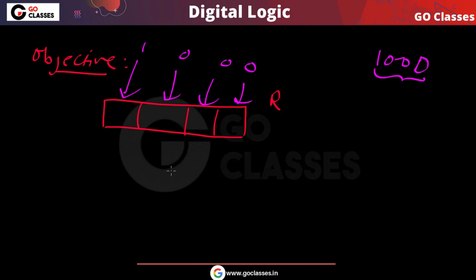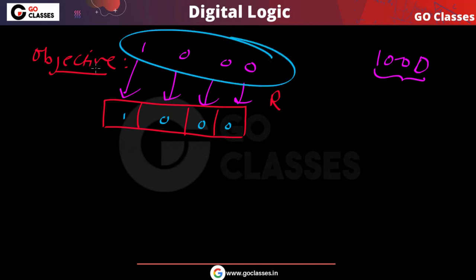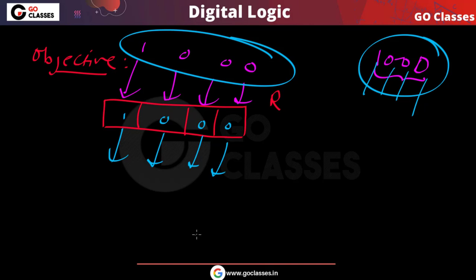And let us assume that once this data is stored, you also want to read this data from this register. So this is the type of register you want, in which you can store the data in parallel, and also read this data in parallel.